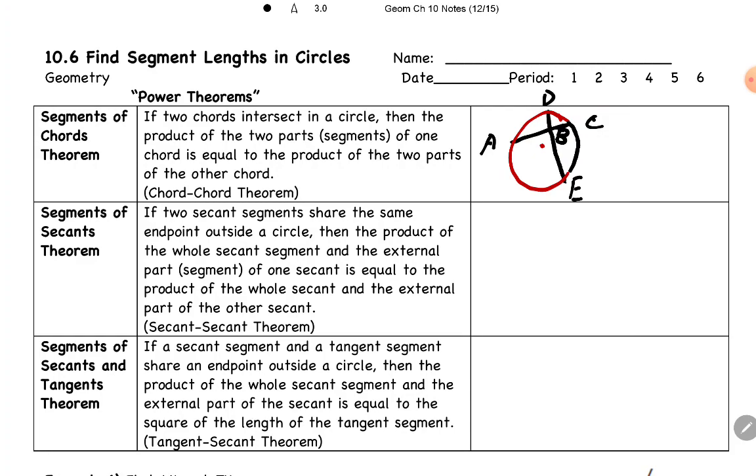If two chords intersect in a circle, then the product of the two parts of one chord is equal to the product of the two parts of the other chord. They call this the chord-chord theorem because we have two chords. What they're saying is that the length of AB times the length of BC is equal to the length of DB times BE.